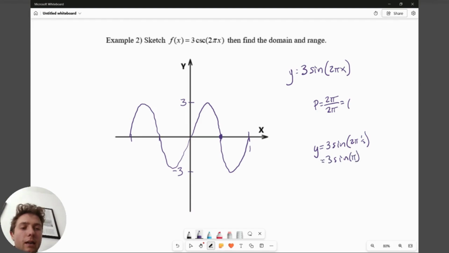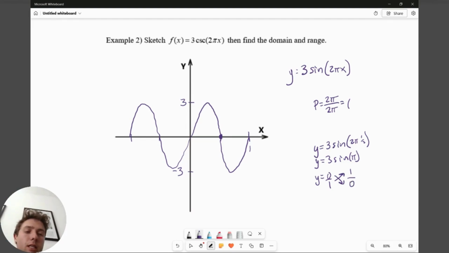We know sine of pi is equal to 0, so 0 times 3 just gives us 0. Well, think about taking the reciprocal of 0. The reciprocal of that then is 1 over 0.